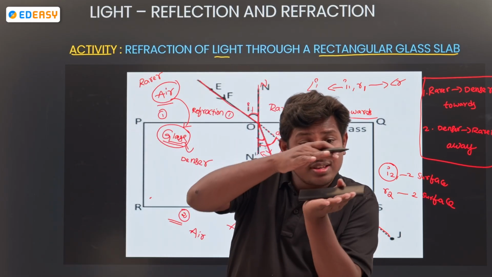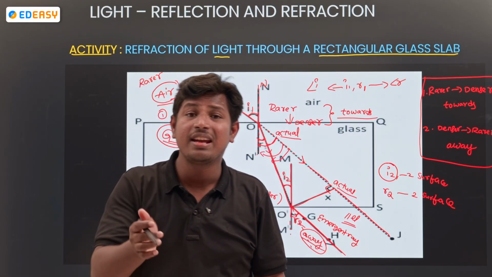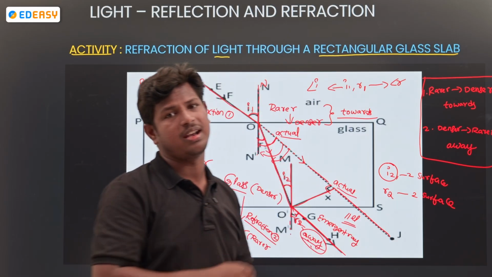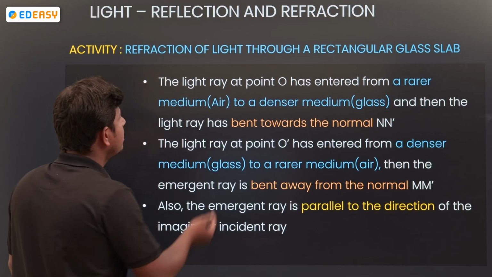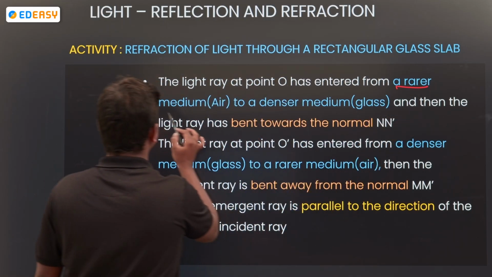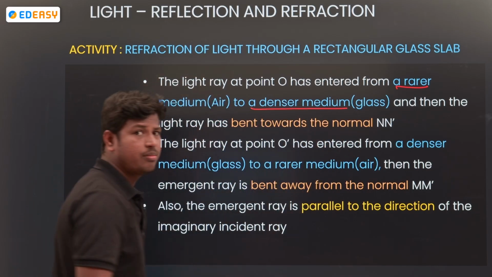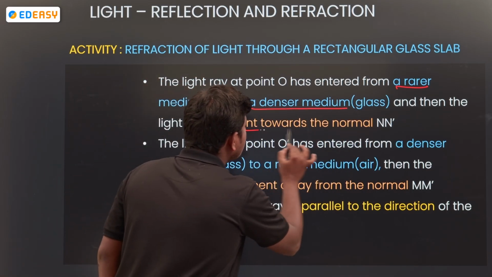This is the case only when the two surfaces are parallel. And it depends upon the incident angle also. Clear? See, the light ray at point O enters from rarer to denser medium. How will it bend? Towards the normal.